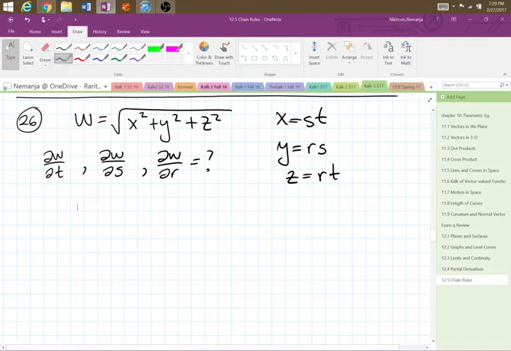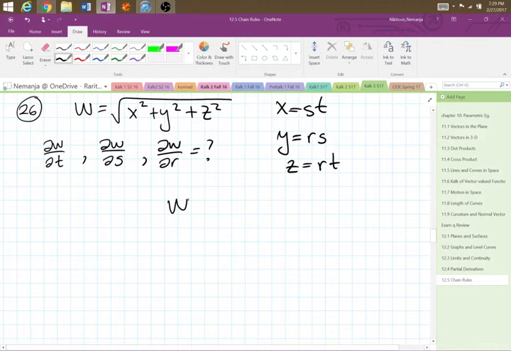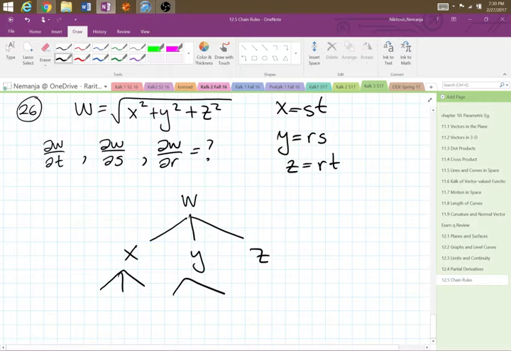I start with W, which will branch into 3: X, Y, and Z. And then each one of those will branch into 3. And that's STR, STR, STR. That looks like plus ST.